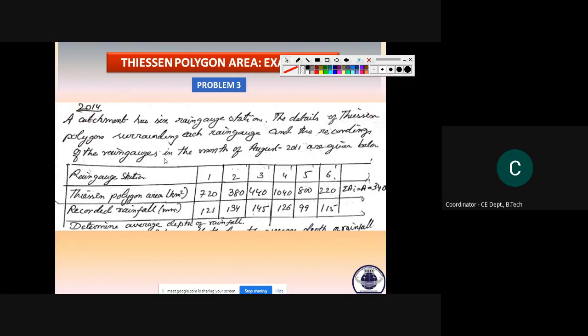Rain gauge stations provided are 6. For each, the recorded rainfall data in mm is 121, 134, 145, like that, and the Thiessen polygon area for each rain gauge is this much, with corresponding values. Now, determine the average depth of rainfall.